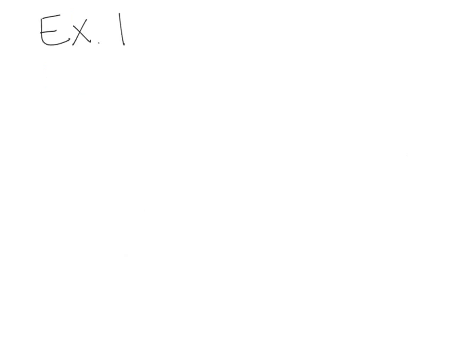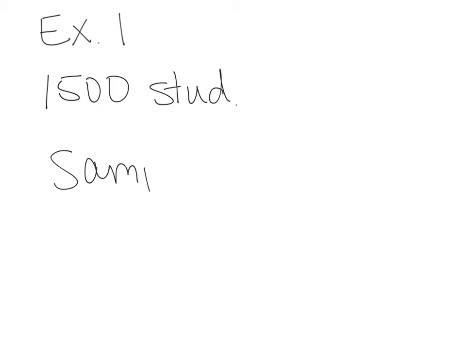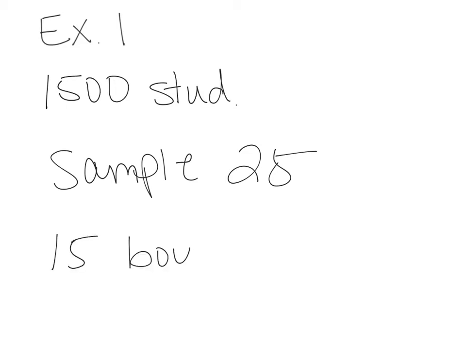Let's try an example. Let's imagine that you have a school population of 1,500 students. You pull out a sample size of 25 students. Within that sample, you have 15 boys and 10 girls.